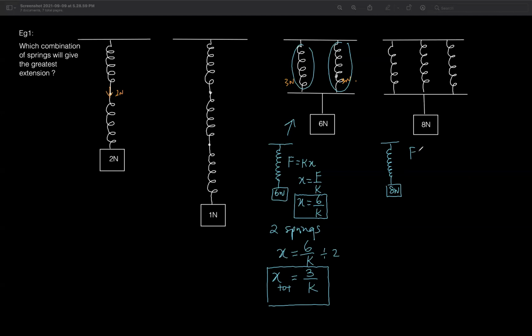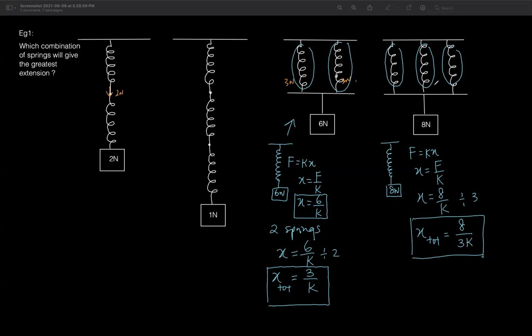F equals Kx, so X equals F over K, that's 8 over K. If I put 3 springs, then they share the extension, so I divide by 3, and I get the total extension equals 8 over 3K.